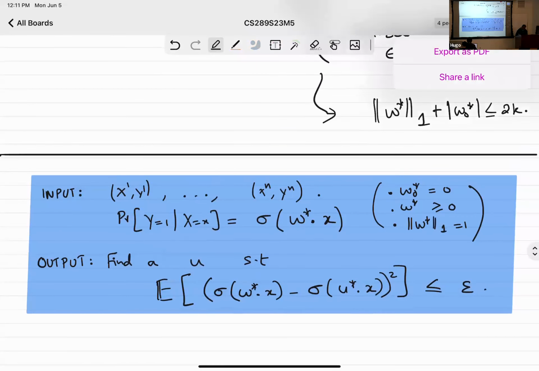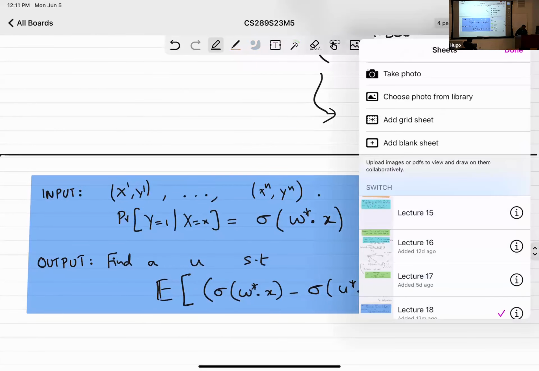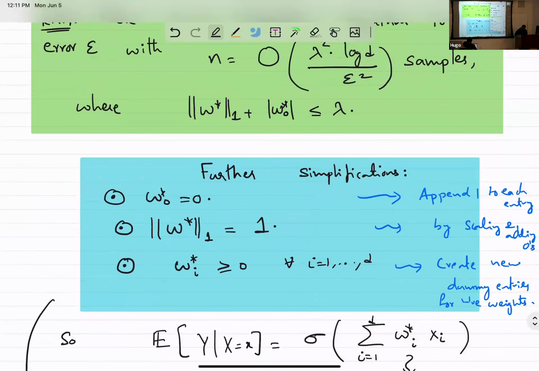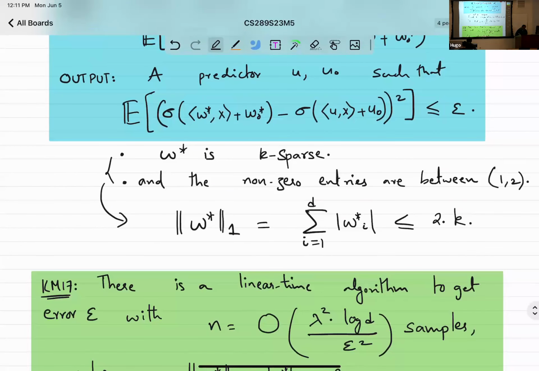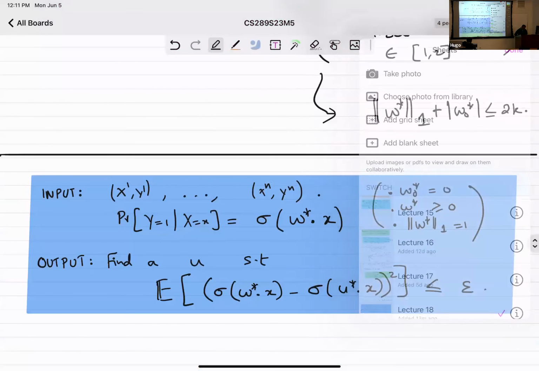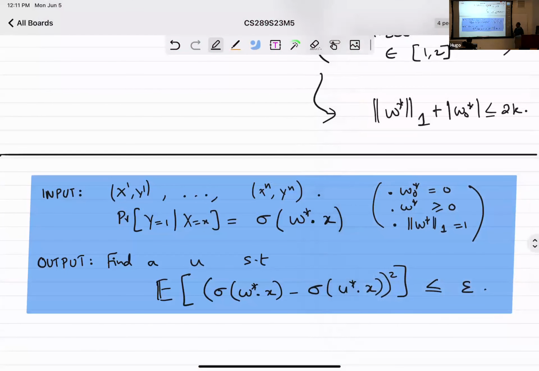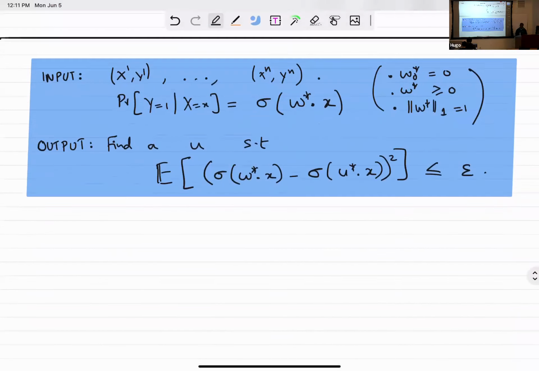Okay, so this is what we want. Any questions? All right, so let's see how we are going to do this.